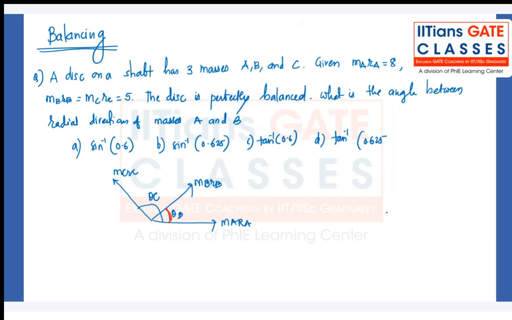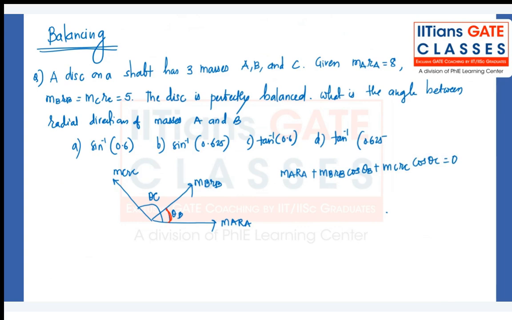Let me solve this question. What you can write: MA RA plus MB RB cos of theta B plus MC RC cos of theta C equal to 0.